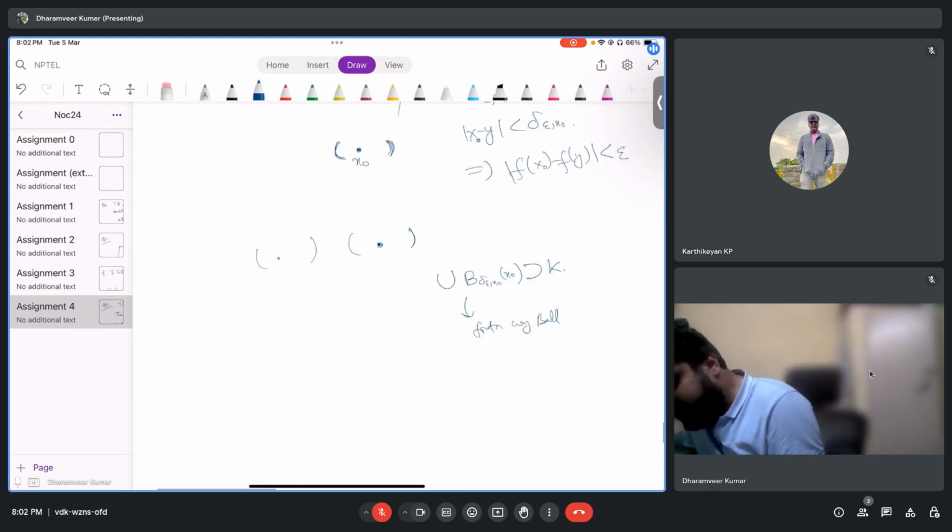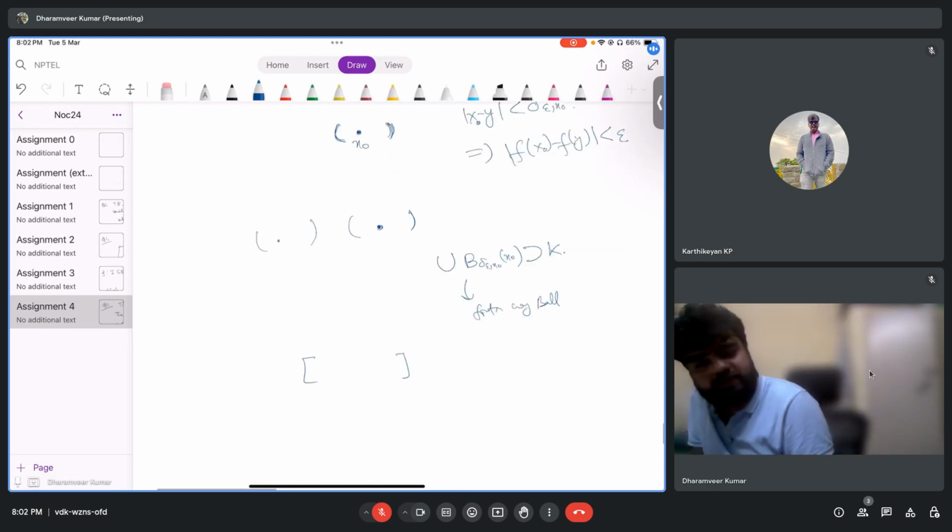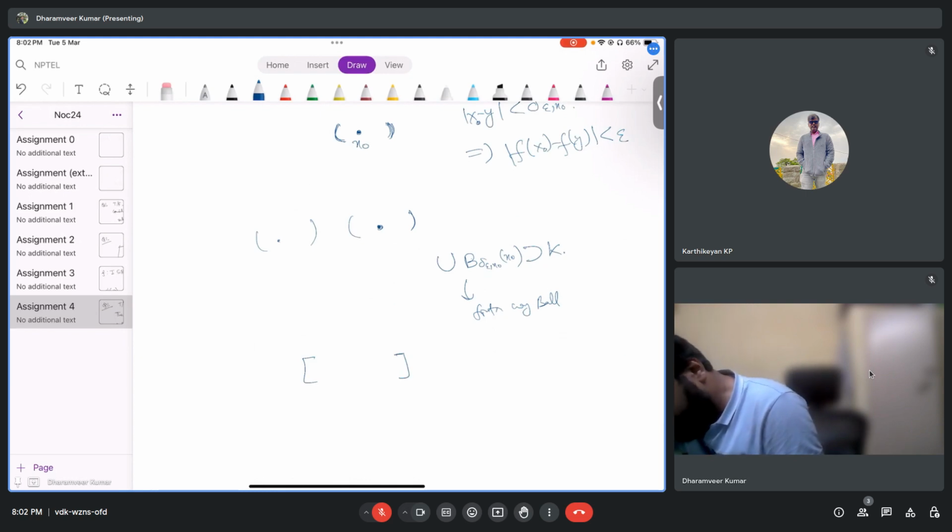So if you want to understand this in terms of a compact set, let's say this is a compact set, right? What I'm saying is, for any given epsilon, they need not be disjoint.